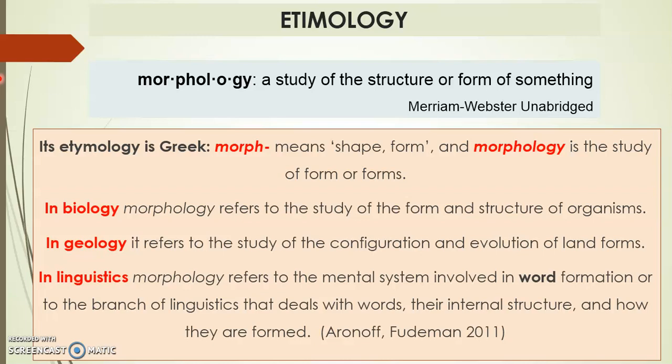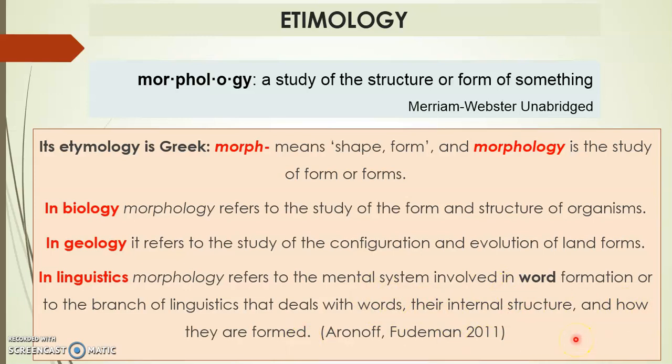It was coined in biology, where morphology refers to the study of the form and structure of organisms, and in geology it refers to the study of the configuration and evolution of landforms. But in linguistics, morphology refers to the mental system involved in word formation, or also the branch of linguistics that deals with words, their internal structure and how they are formed.